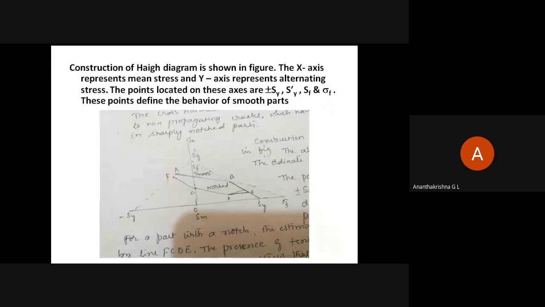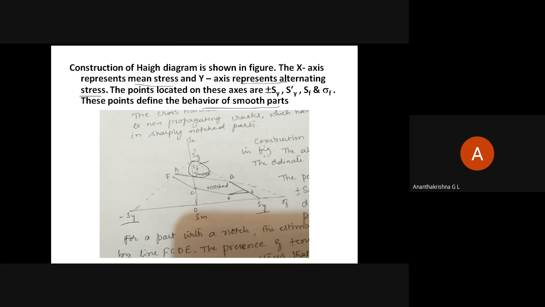Here, the x-axis represents mean stress and the y-axis represents the alternating stress. The points located on these are plus Sy, minus Sy, S dash y, then Sf, the fatigue strength factor, and then sigma f. These points define the behavior of smooth parts.